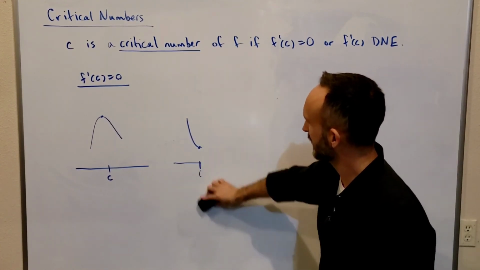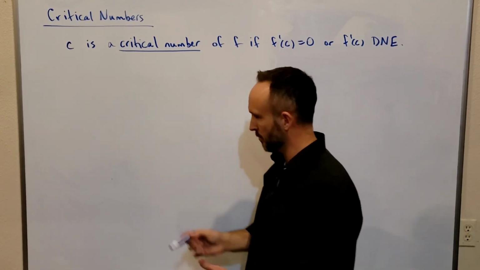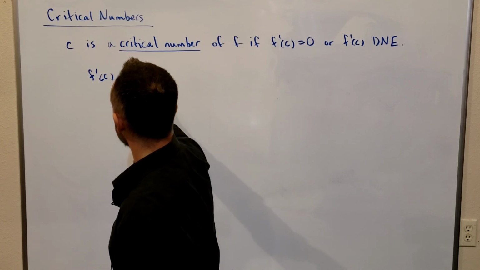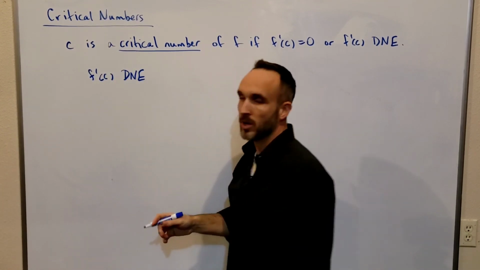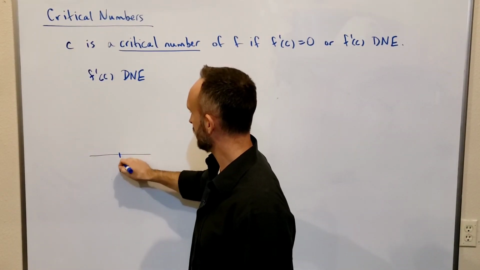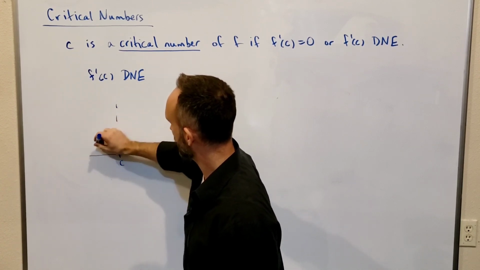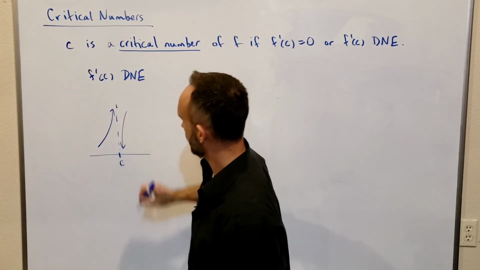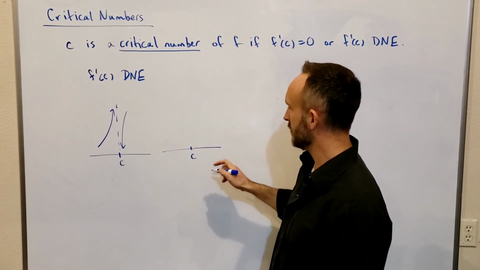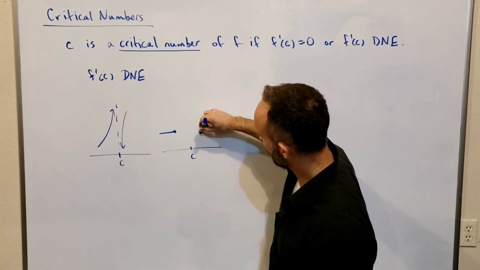Okay? So let's look at cases where f prime of C does not exist, so we can imagine some possibilities there. One reason f prime of C may not exist is because perhaps the function is not even defined at C. You could have an asymptote, and so your graph does this kind of thing near C. The function may not be defined anywhere near C, and it may stop short of C on both sides, right?